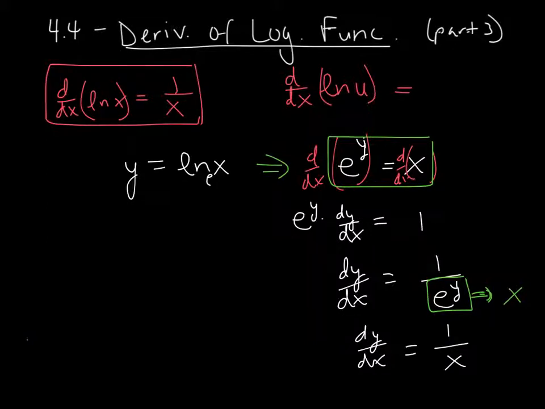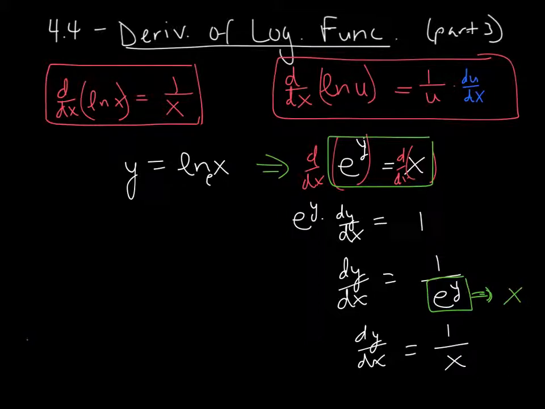And based on what we've done with the chain rule so far, we should be able to see that that's going to be 1 over u, and then I'm going to have to follow that by du dx, derivative of my function with respect to x. So those are your 2 new rules. You can think of it as one rule, but I know it changes a little bit when I have to apply the chain rule. Let's look at some examples and see how we do with it.